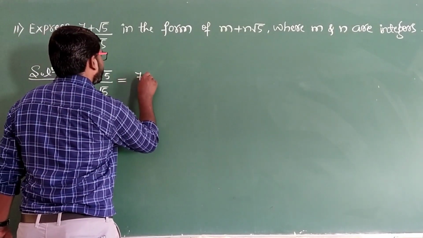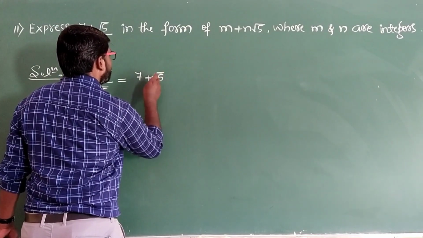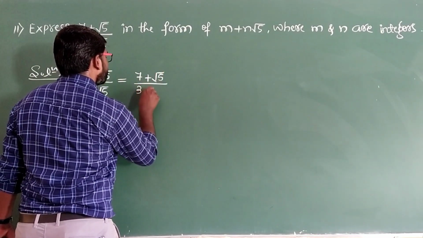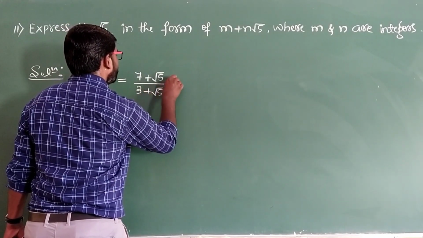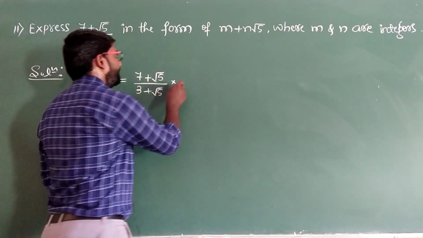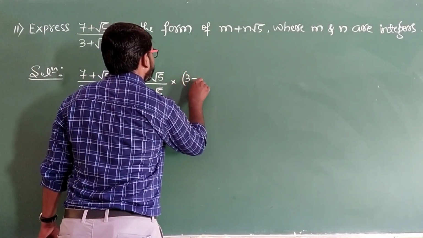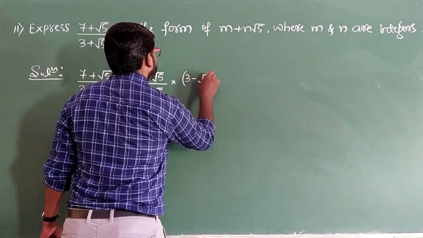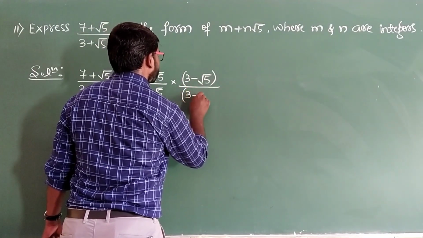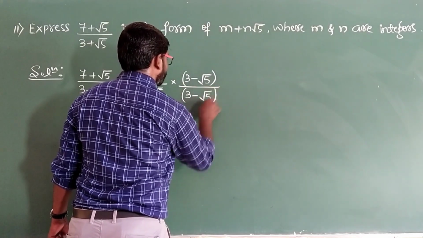So 7 plus root 5 divided by 3 plus root 5. Multiply and divide by the opposite sign of the denominator. So we get 3 minus root 5 divided by 3 minus root 5.